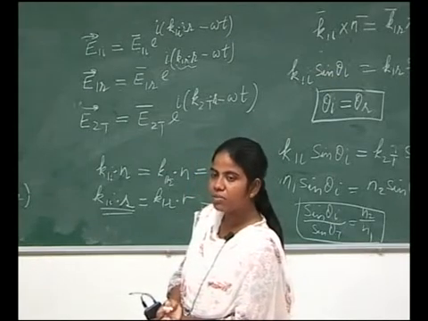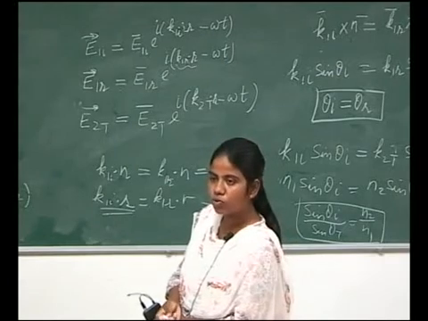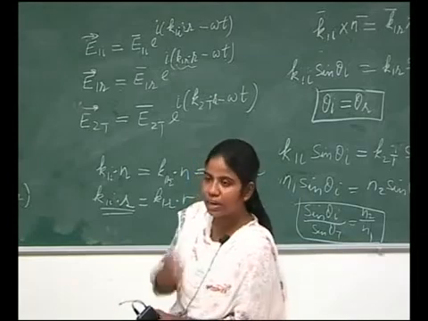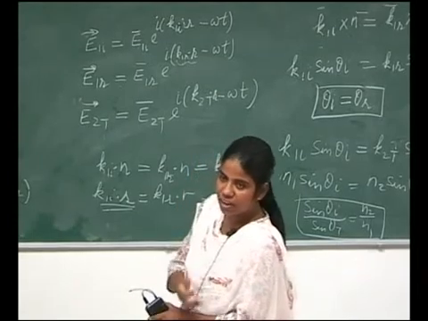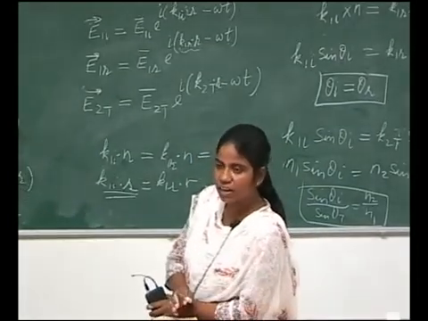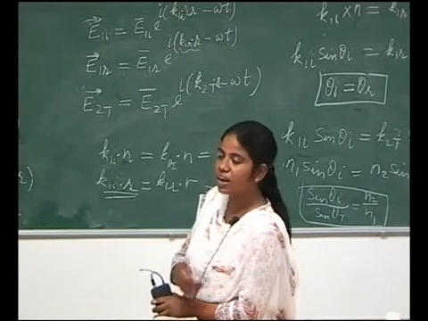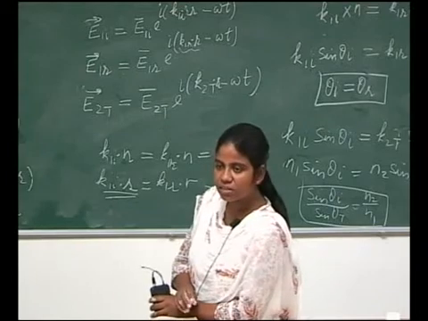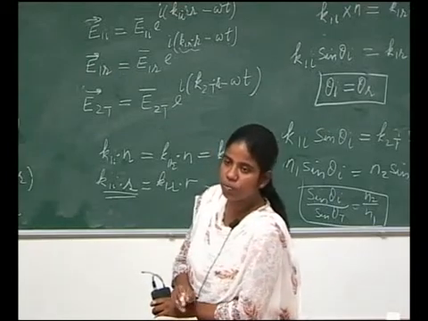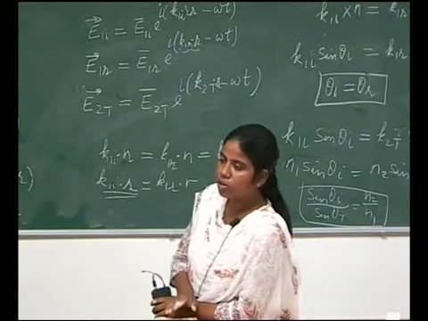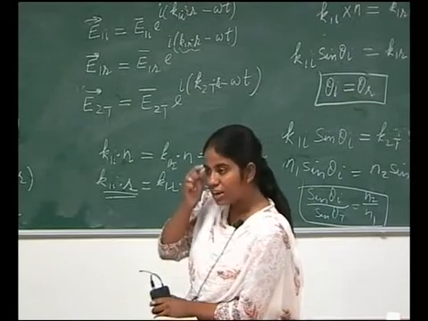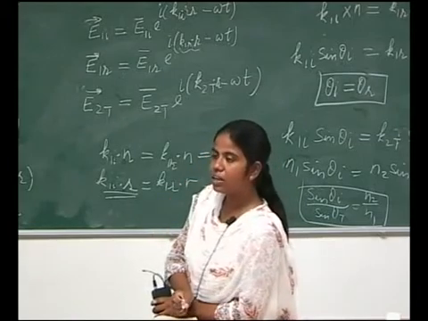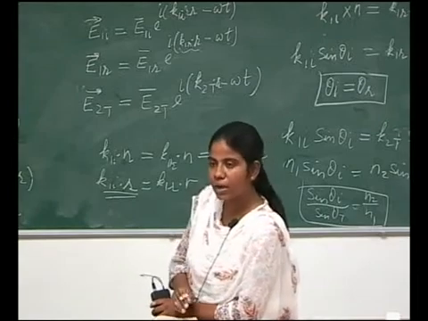For the medium, generally we take mu naught equal to 4 pi into 10 to the power minus 7 for a non-magnetic medium, whether it is air, any non-conducting dielectric medium, or a conducting medium that is non-magnetic. But as this value increases, the material is becoming more and more magnetic.